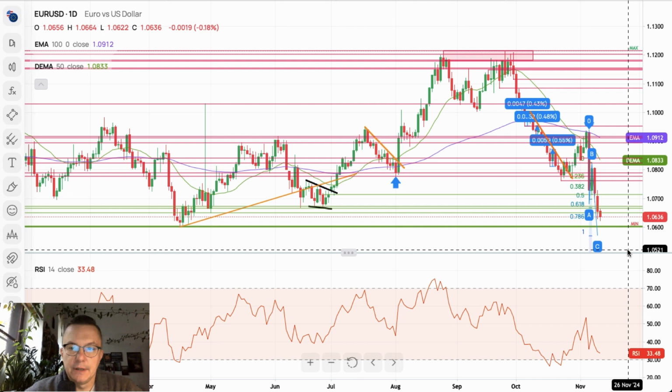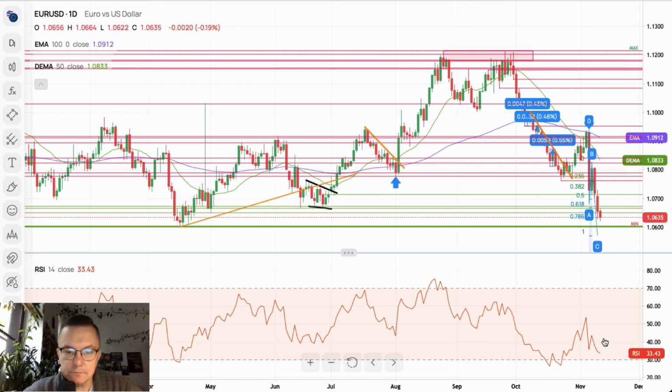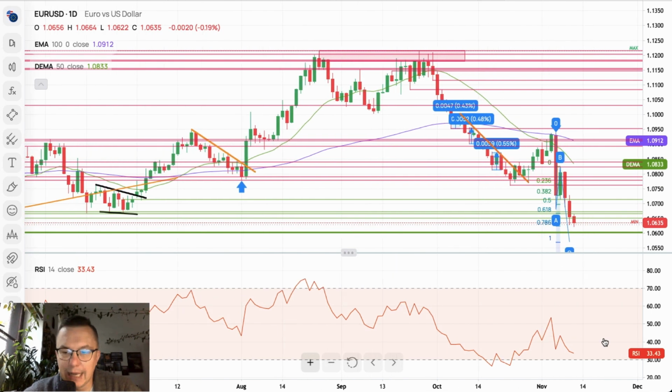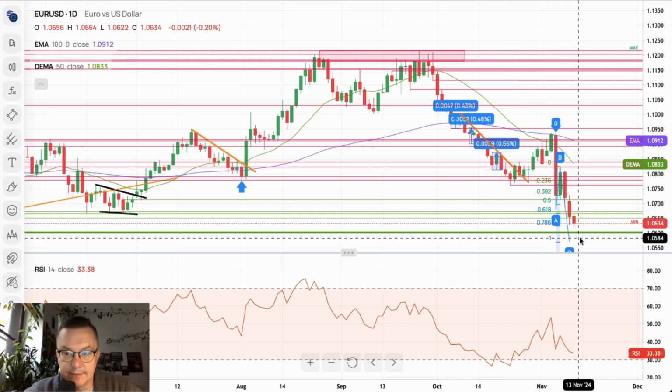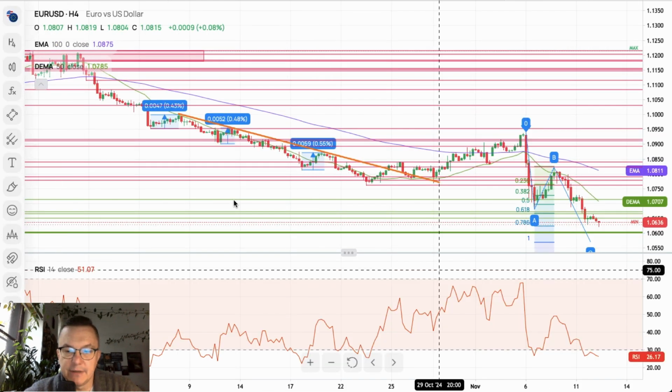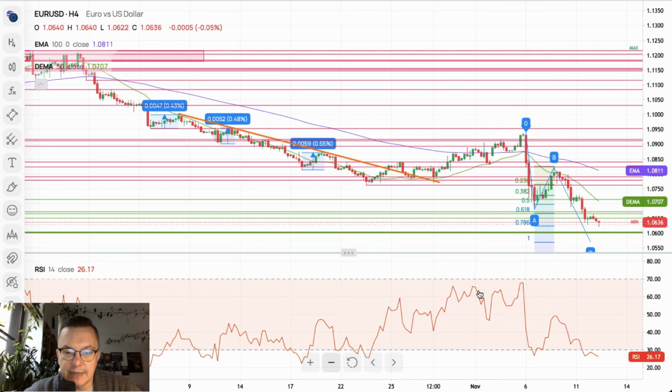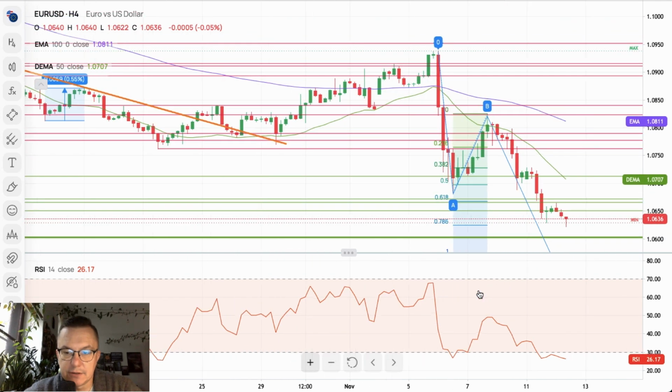Any violation of this level, any breakout, would likely be seen as very bearish. However, on a daily time frame chart, we have a strong case for a bullish divergence, so we might see some sort of relief rally when we hit this level. On a 4-hour chart, the market just enters the extremely oversold conditions again.